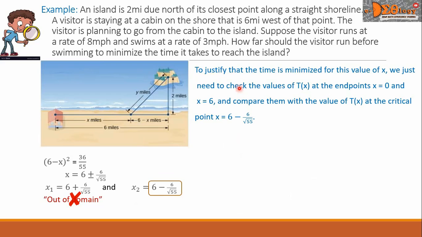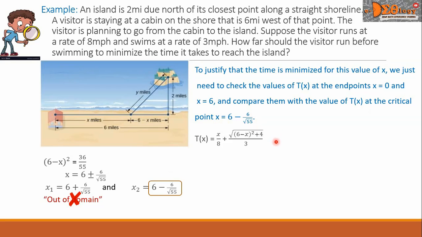Now, to justify that the time is minimized for this value of x, we just need to check the values of the function capital T of x at the endpoints, that is x equals 0 and x equals 6, and compare them with the value of the function T of x at the critical point x equals 6 minus 6 over the square root of 55. This is the value that we derived here.